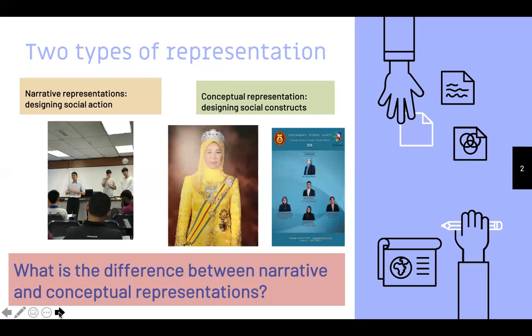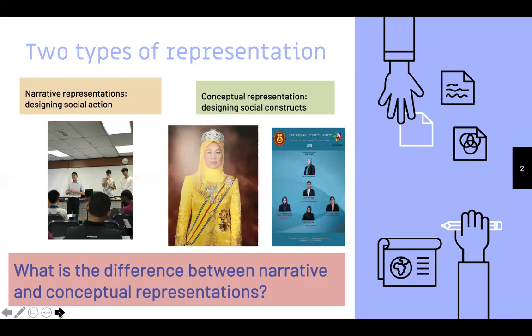of the queen. And the last image on the right, okay, there are the representatives or members of a postgraduate student society. So this is also a conceptual representation because you can see nothing is happening there. It is about categories showing who they are, as members of a postgraduate student society.